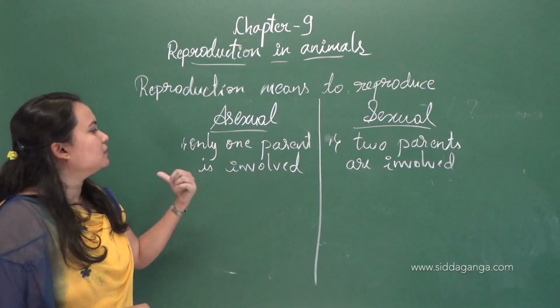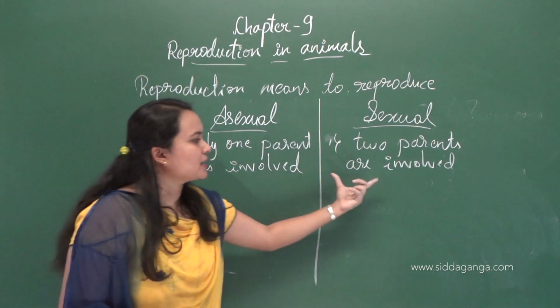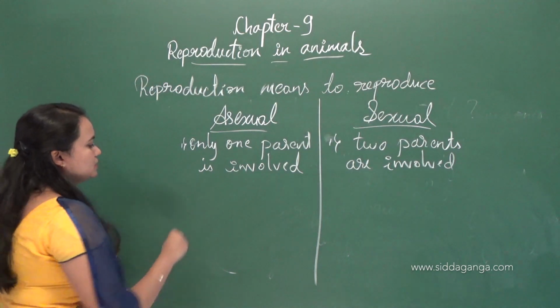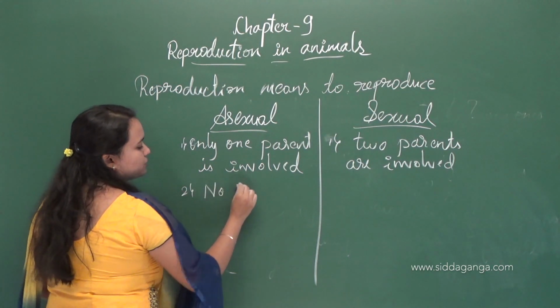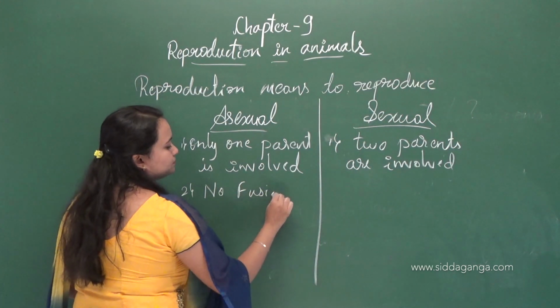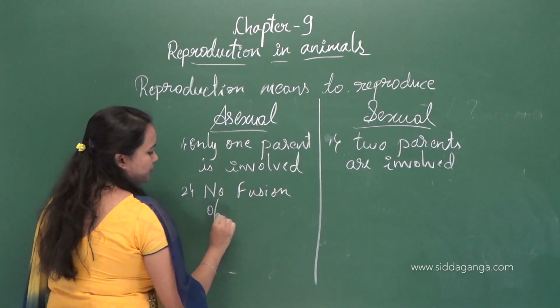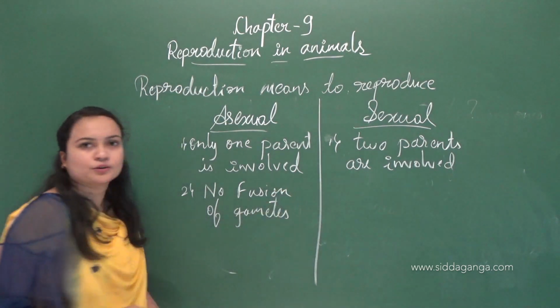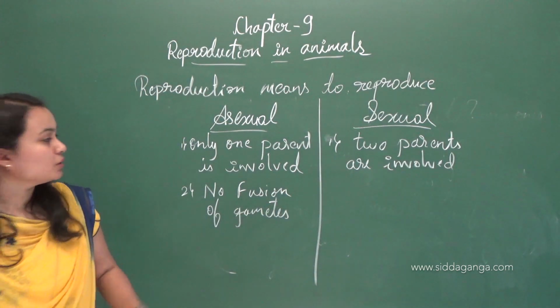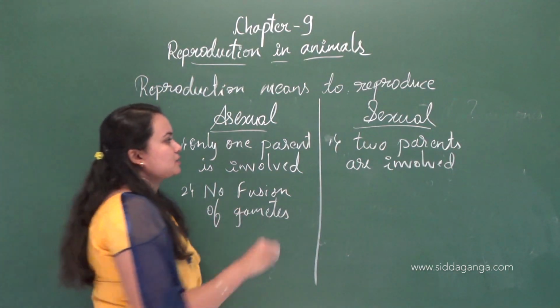Here only one parent is involved, whereas here two parents are involved, and there is no fusion of gametes.